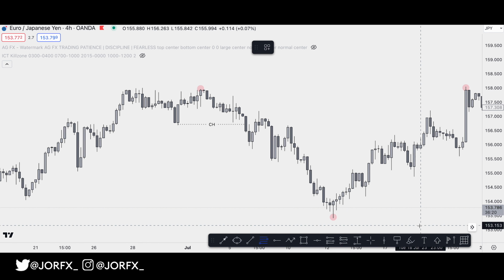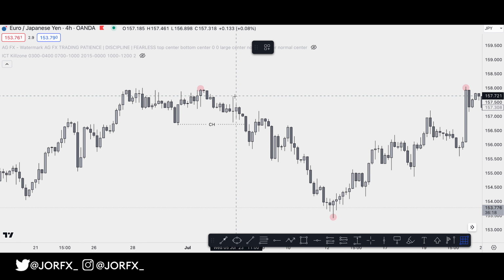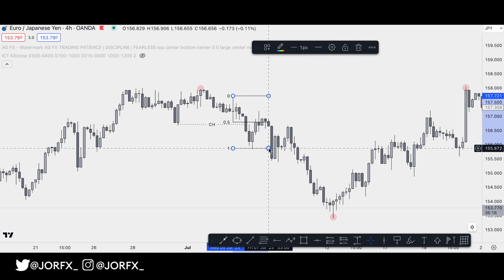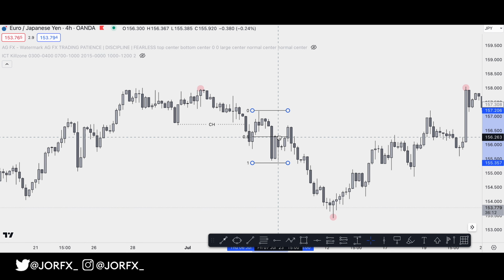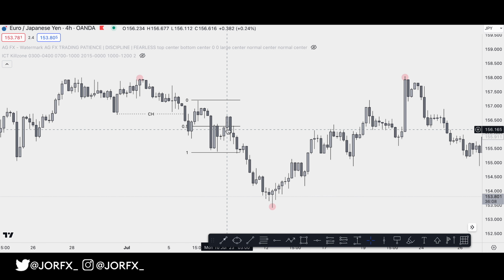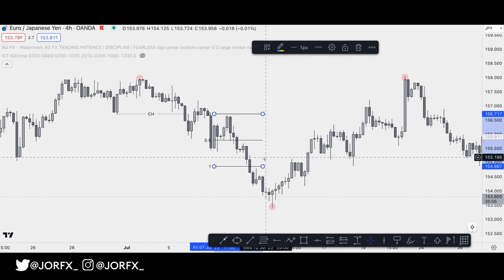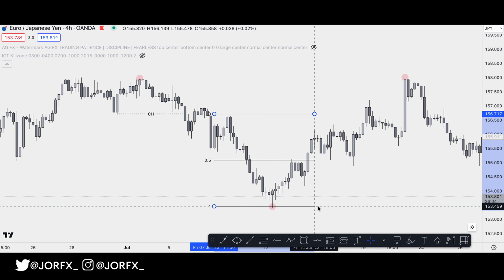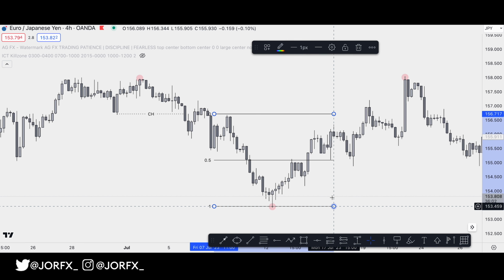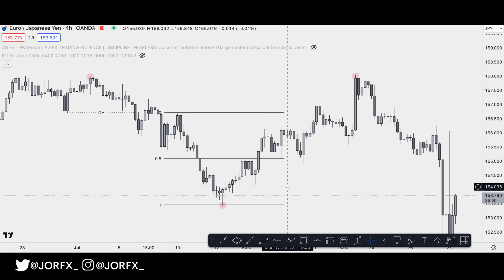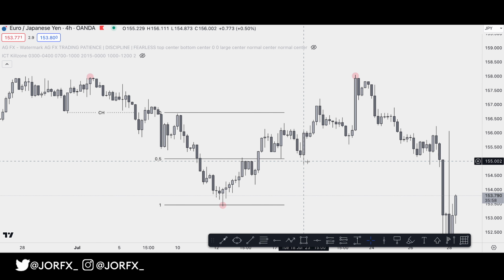You do the exact opposite, guys. You take your high to the low, above the 50, you take your trade. Highest point to the lowest point, above the 50, you take your trade. Highest point to the lowest point right here, above the 50, you take your trade. In this case, it would have been a losing trade.